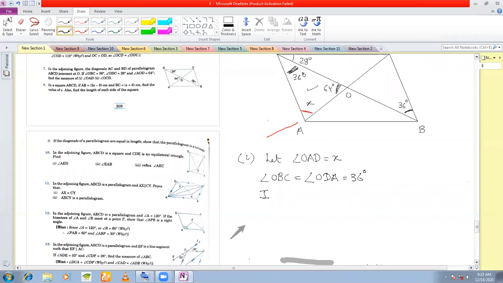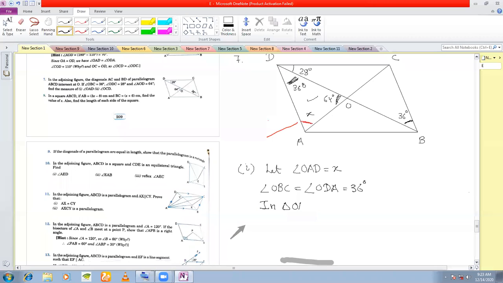So now in triangle OAD, what angles do you know? This angle we have taken as x. So x plus, you know this angle, we just found out this angle because of alternate angles, x plus 36 plus 64, which is already given, must be equal to 180. Why? Because the sum of interior angles of a triangle is 180 degrees.